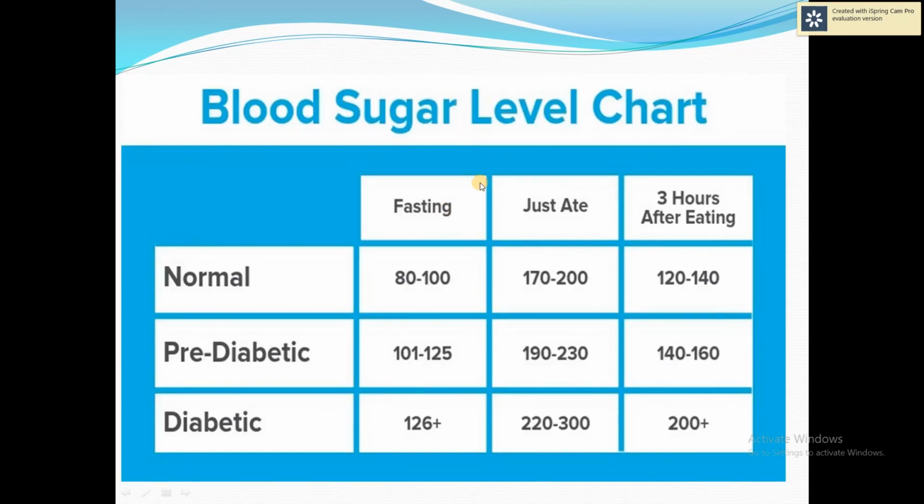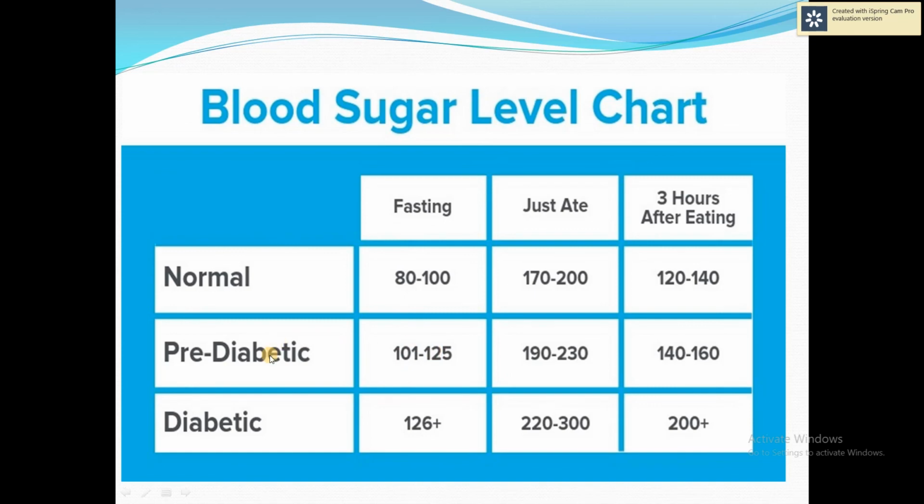Now the blood sugar level chart: you should know what your blood sugar level is representing. If your blood sugar level is about 80 to 100 at fasting, then this means that you are normal. But if it is 101 to 125 while fasting, it means you are pre-diabetic.